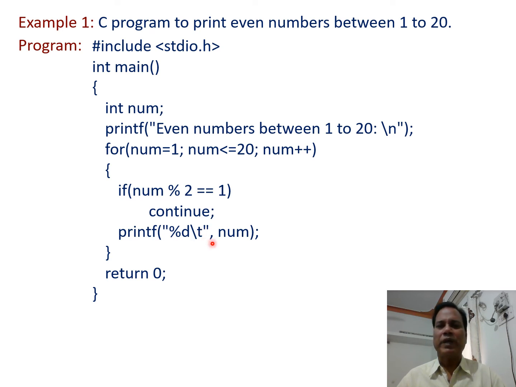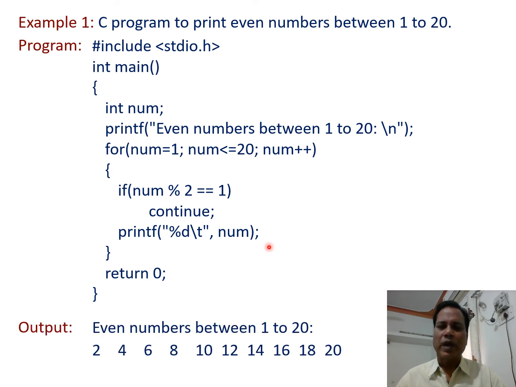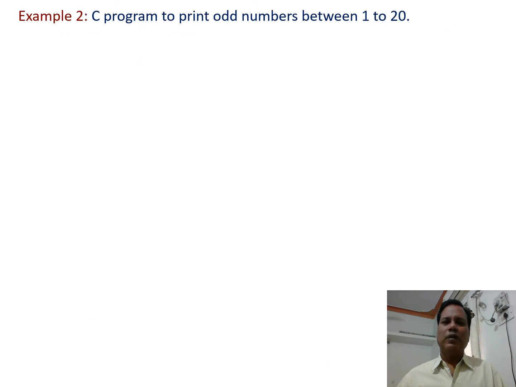So in this way, using the continue statement, we can easily skip odd numbers from printing on the output. So when the program is run, we get the output like this: 2, 4, 6, 8, 10, 12, 14, 16, 18 and 20 gets printed.